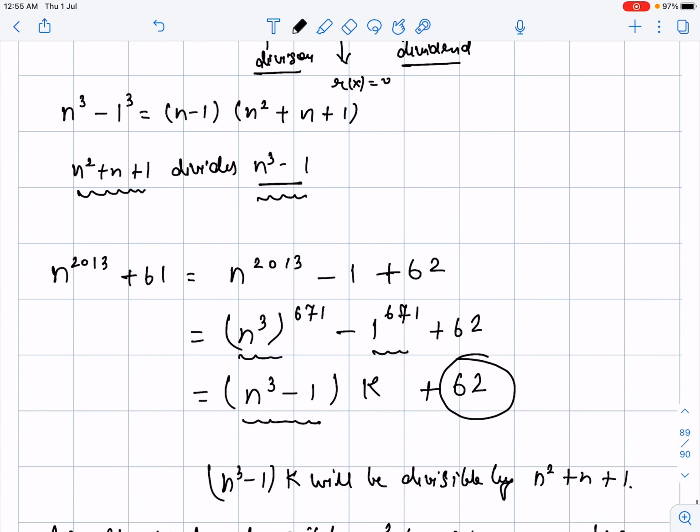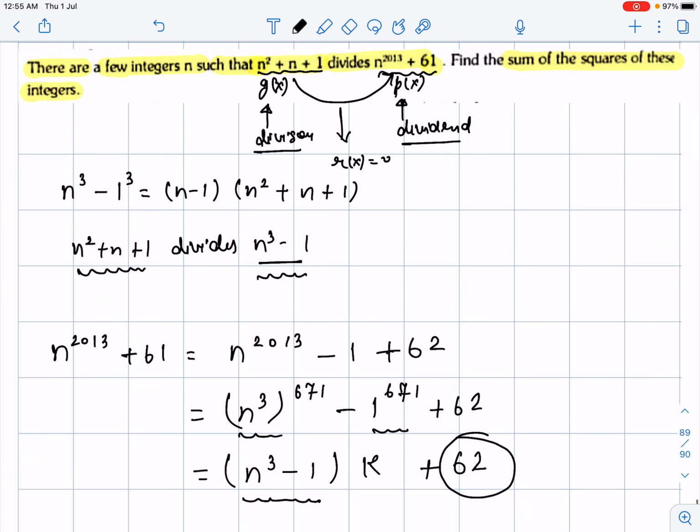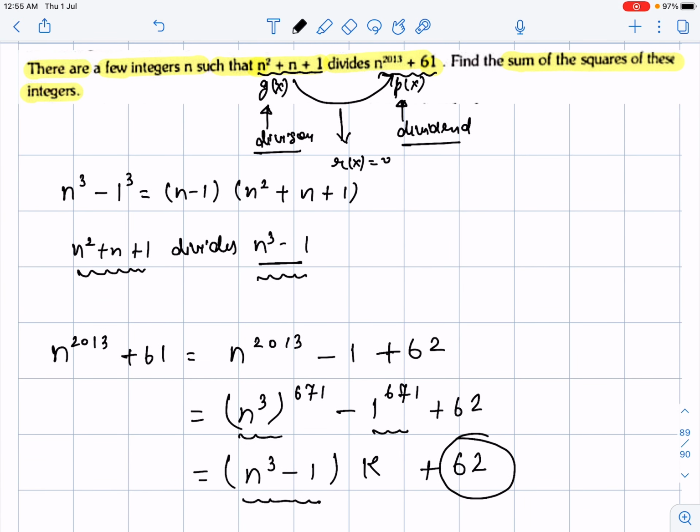So guys, it is a most important type of question. Why is it a most important type of question? Because again we are using the form of x power n minus y power n. Indirectly you have to keep in your mind that x minus y is definitely a factor of x power n minus y power n. But if n is an even natural number, then x plus y also will become a factor of x power n minus y power n.